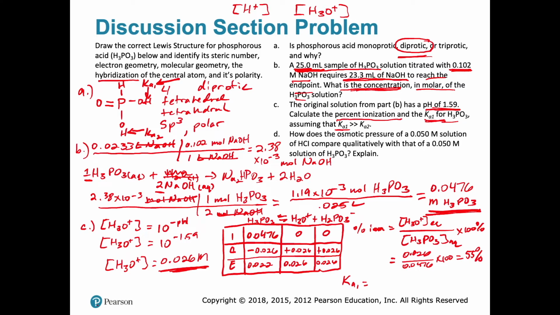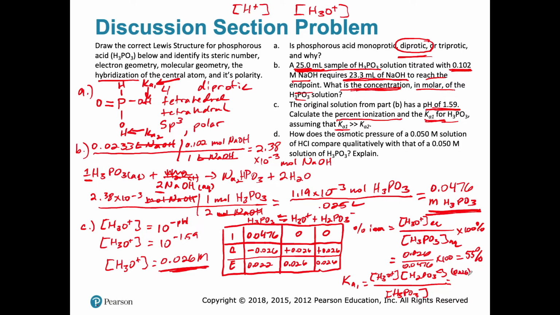So this is another reason why I had it as H2PO3, because it's going to be H3O plus times H2PO3 minus all over H3PO3, right? I did this math already, and I ran out of room here, so I'm just going to have to squeeze it in.